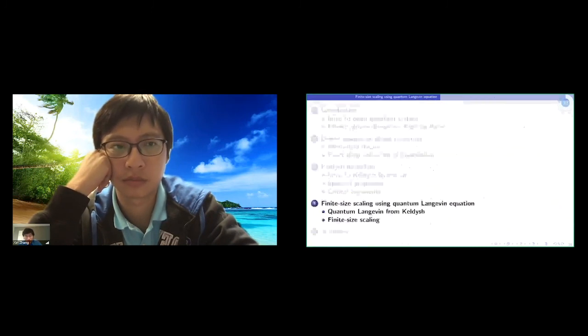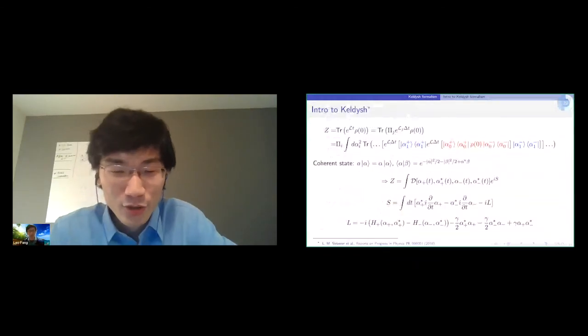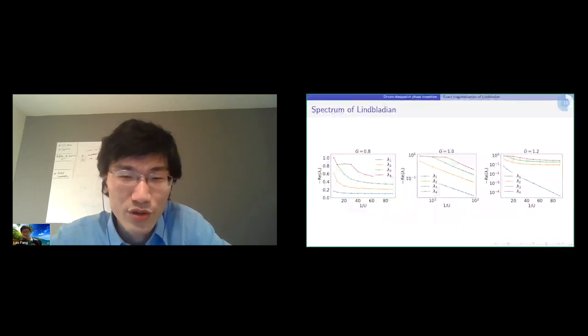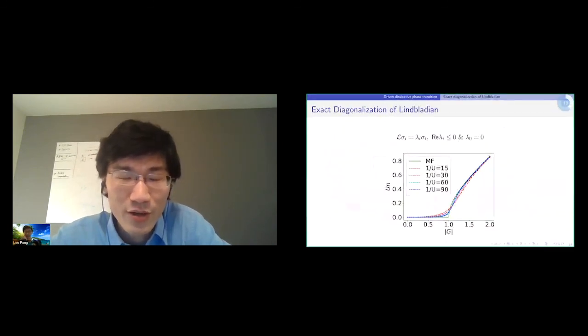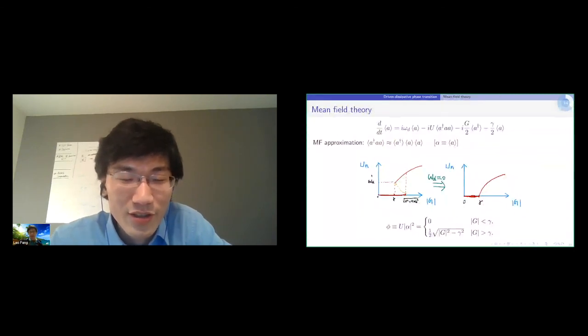That's a good question. The theory works for any driving strength, but actually you can see how the mean field theory will just fail here. If you have a detuning, you can see there's some gap between these two branches. It's a bistability.